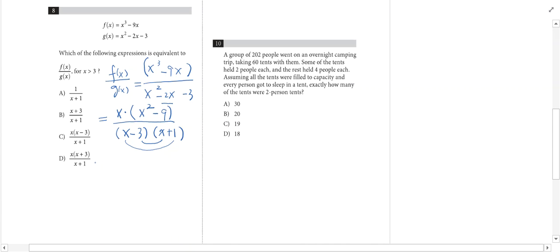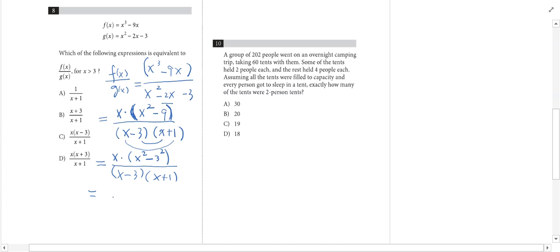Now, let's continue to simplify. This part here is still factorable. So we have the x there, and then x squared minus 3 squared, because 9 equals 3 squared, over x minus 3 and x plus 1.